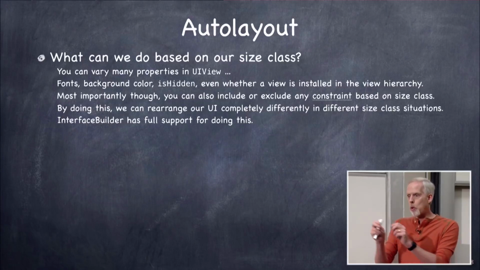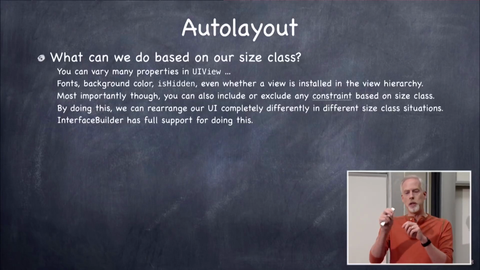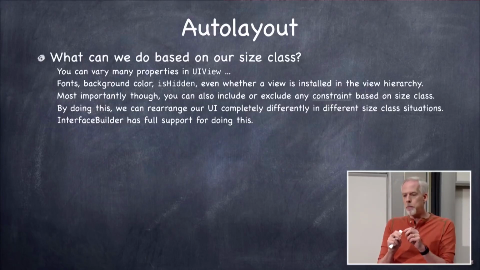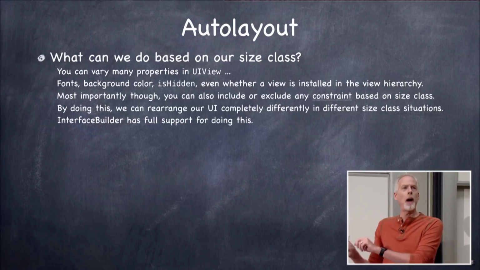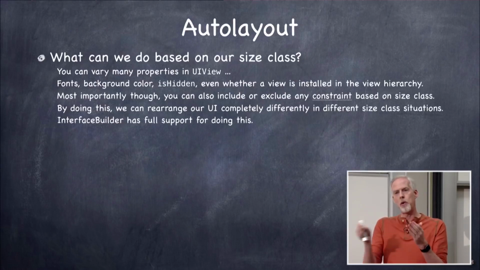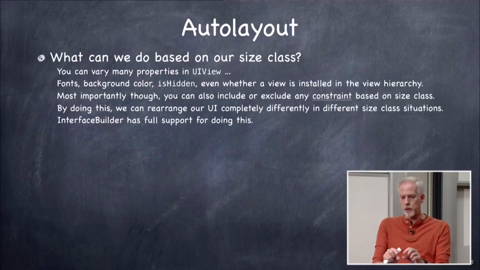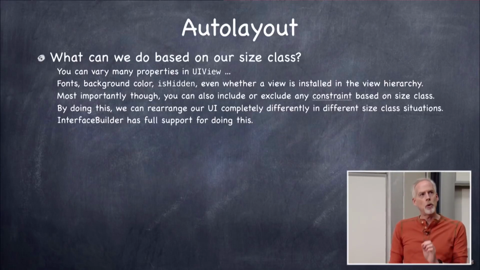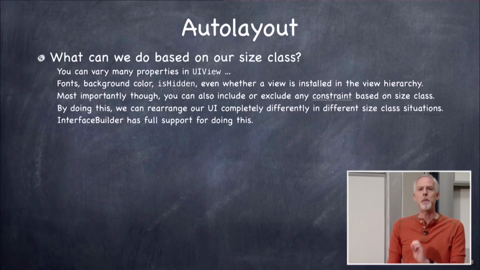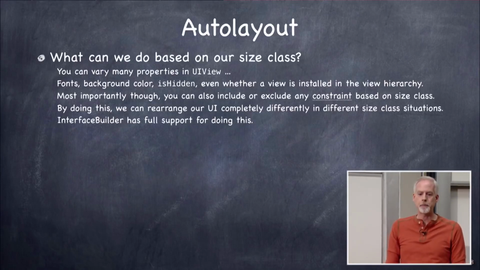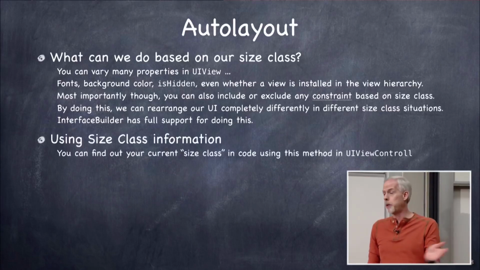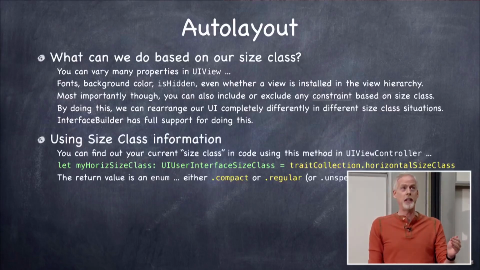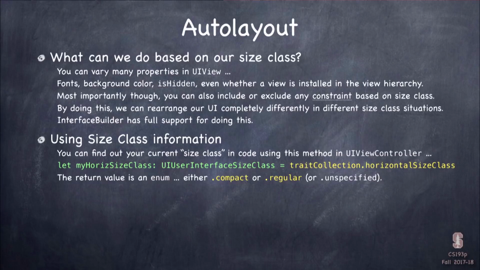Well, if you can control those constraints using the size class, then you can make those views move around to different spots depending on your size class. Like go 5 by 4 instead of going 4 by 5. Or moving the little flip label off to the side. Okay? So being able to control constraints with your size class is really the power of this size class stuff. Now the cool thing, by the way, is Interface Builder has support for doing all of this graphically. So you don't even have to do this in your code. You can do it all graphically.